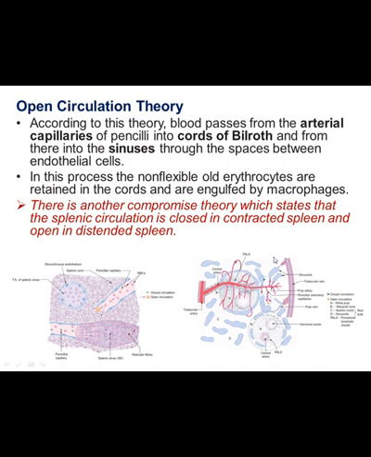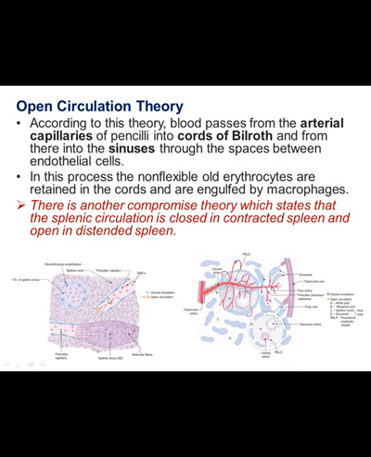Second theory is the open circulation theory. According to this theory, blood passes from the arterial capillaries of the penicilli into cords of Billroth. Here blood first comes into the cords of Billroth, not going to the splenic venous sinuses, and from there into sinuses through the spaces between the endothelial cells.